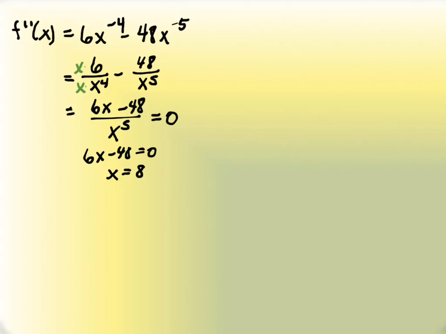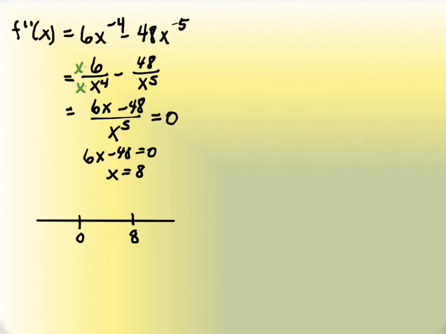Now, in my number line, I actually need to put in 0 and 8. Why? Yeah, because something might be happening different around the point x equals 0, because that's when the denominator equals 0, right? It's still a point of consideration. It still splits our graph into some pieces. And it does it because it's an asymptote on this particular graph.